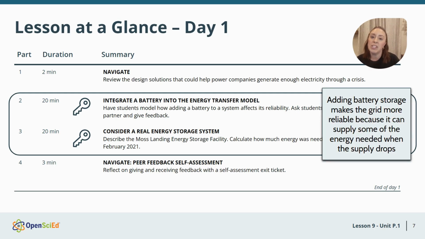And so we realized when we add battery storage to a grid, we can make it more reliable because that battery can supply some of the extra energy that we may need in a situation where supply drops. And so after doing this, we take a look at what are some real battery storage solutions, like what do these things actually look like?